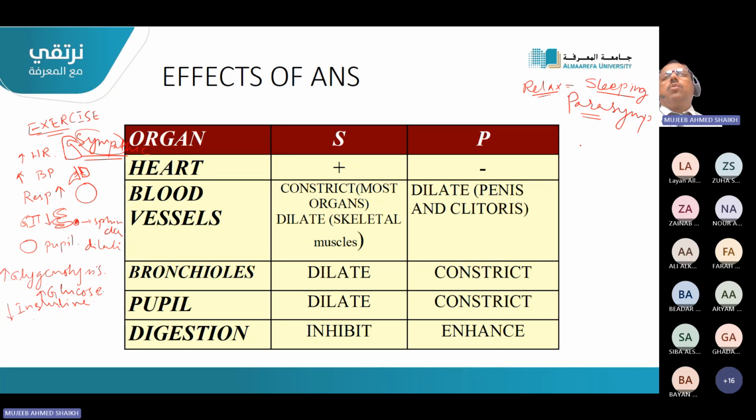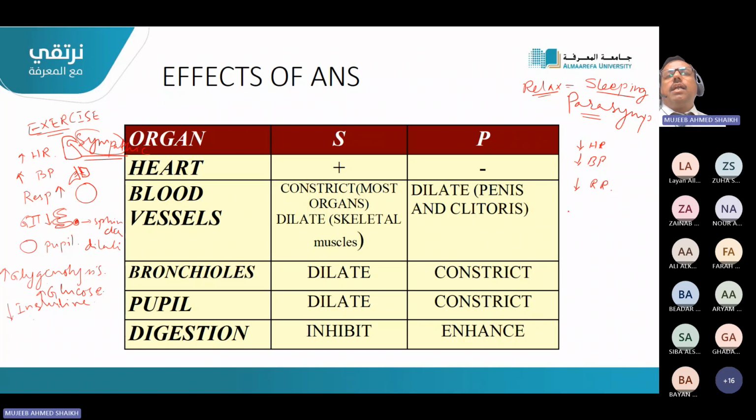When you are relaxed, your heart rate will be more or less? Less. So parasympathetic will cause decreased heart rate, decreased blood pressure. Respiration will be normal, not heavy, decreased respiratory rate.